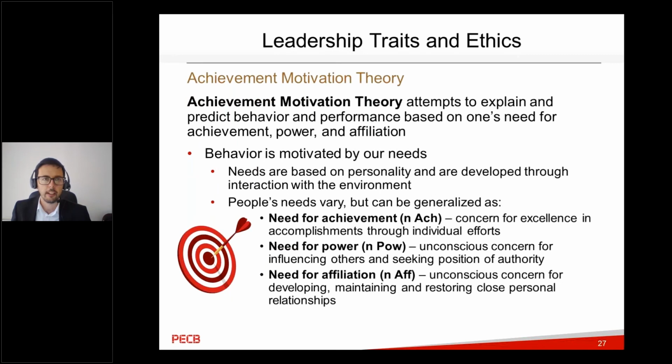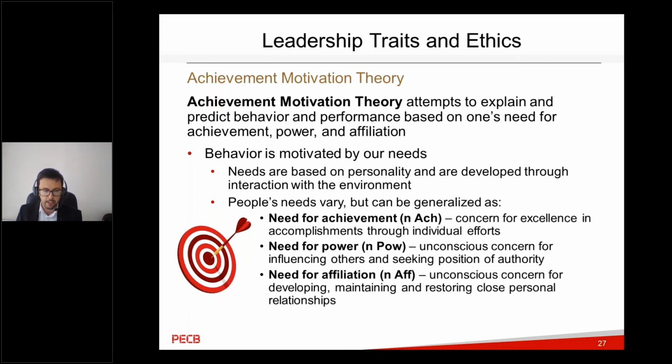So getting back to needs, or the way that needs shape our behavior and the traits of leaders themselves, we tend to say that there are usually three categories of needs. We have the need for achievement, the need for power, and the need for affiliation as well. When we talk about the need for achievement, we're talking about how people are concerned for excellence in accomplishment through individual efforts.